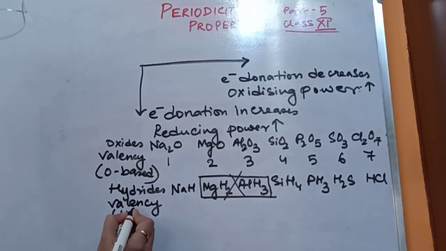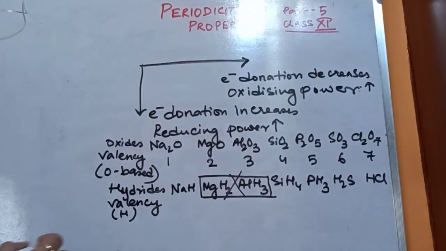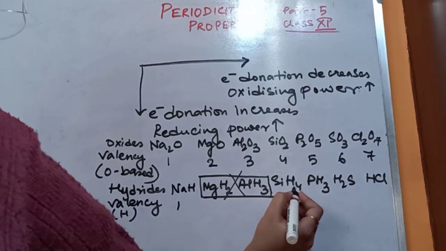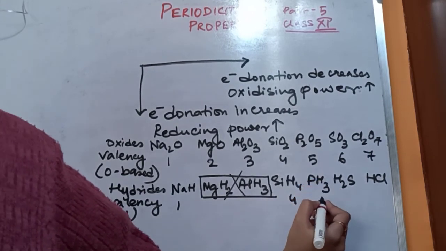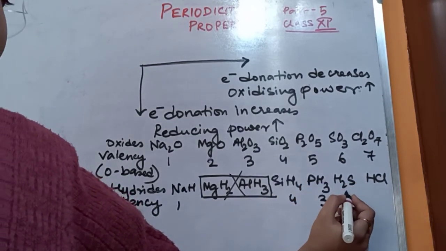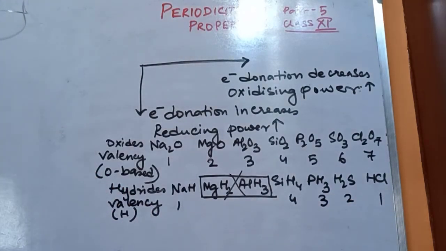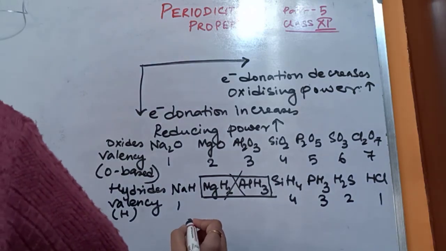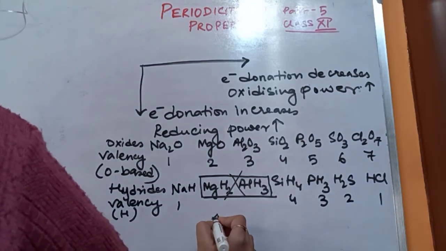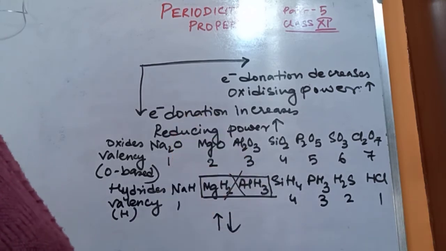This is hydrogen based. Sodium is 1, silicon is 4, phosphorus is 3, sulfur is 2, HCl is 1. So for hydrogen based valency, the valency across a period will first increase and then again decrease.